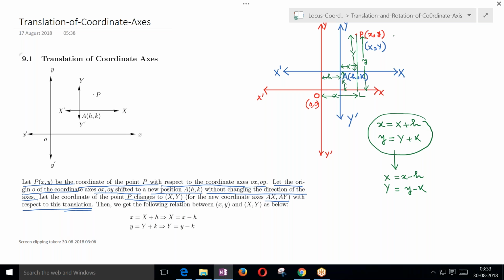Then we get this relationship: capital X is equal to small x minus h and capital Y is equal to small y minus k. This is all about the translation of the coordinate axis. Any doubt, please ask me.